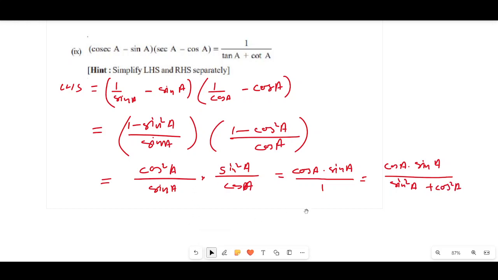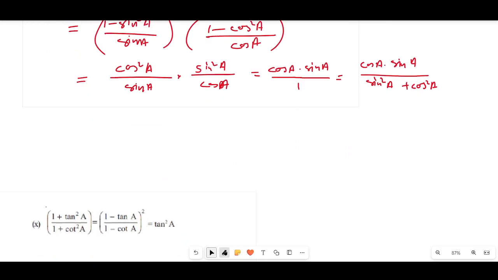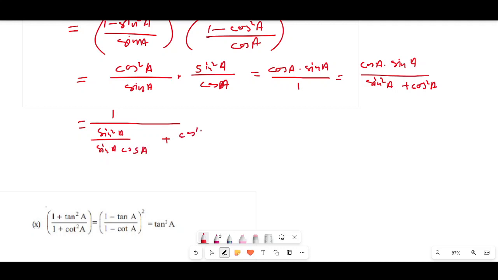Clear? Now then we can write, if we take the numerator term in the denominator part, then it will be sin square A upon sin A cos A plus cos square A upon sin A cos A. Then here sin A cancels out, here sin upon cos will be tan A, and here it will be cot A. Clear?